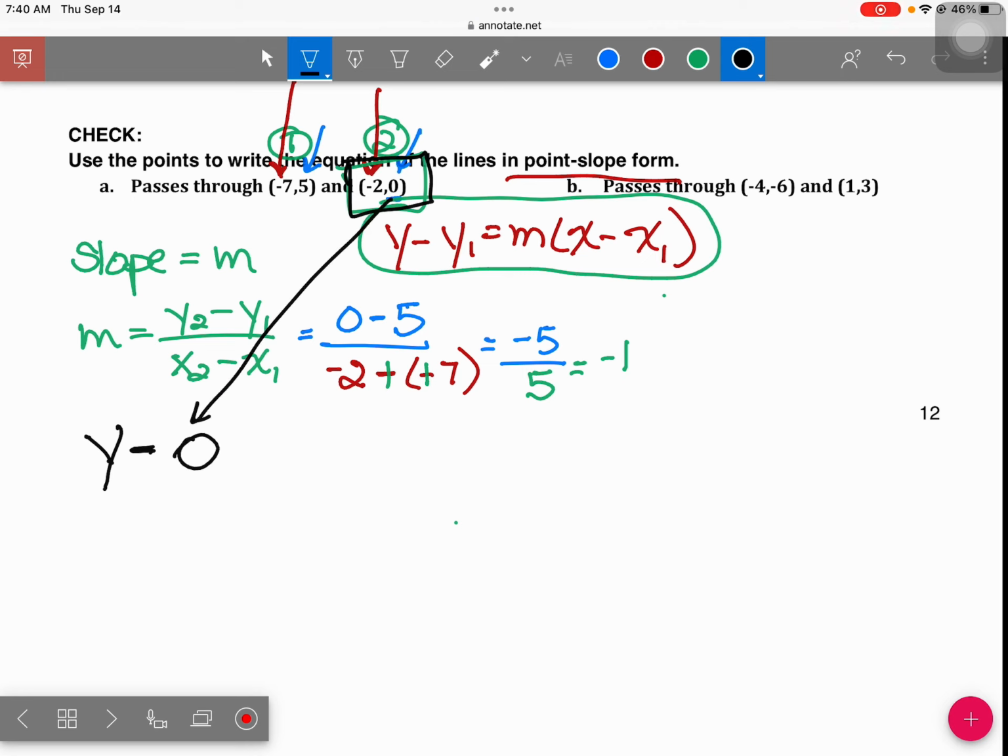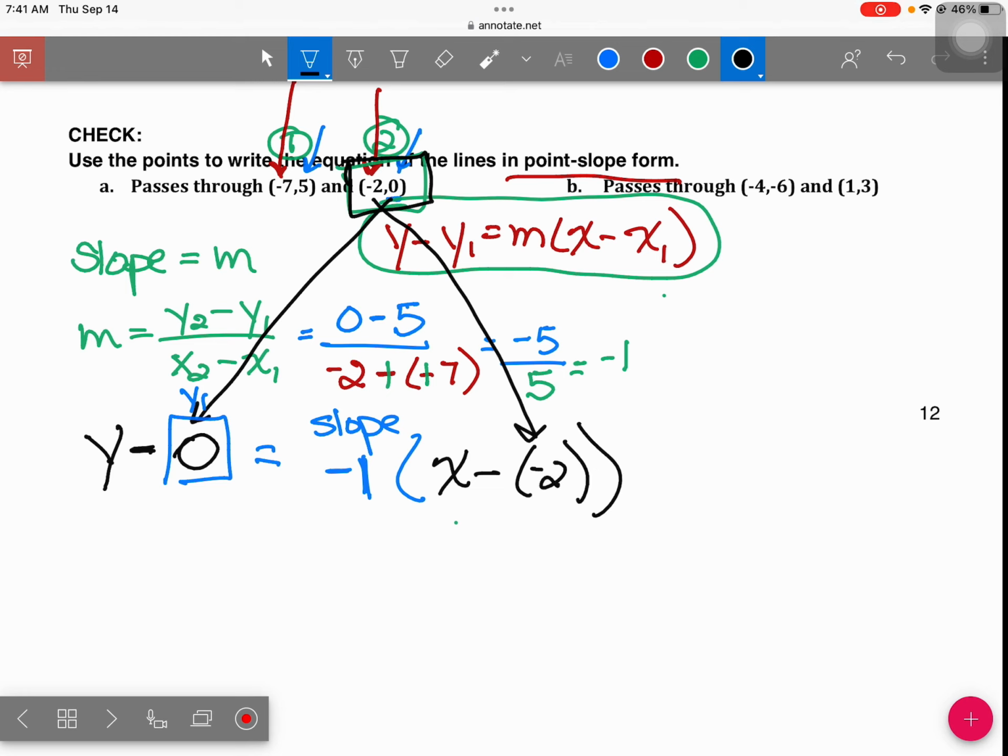That value is 0. This is your y sub 1, equals my slope, which we just said was negative 1, times the first x, which stays the same, minus x sub 1, which is negative 2, which I'm going to put in parentheses.